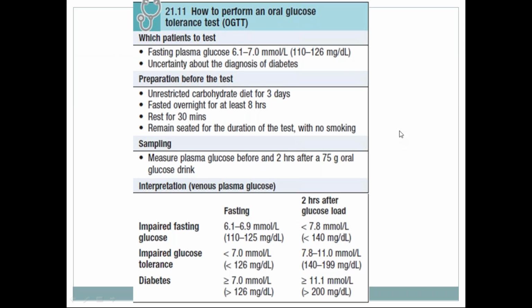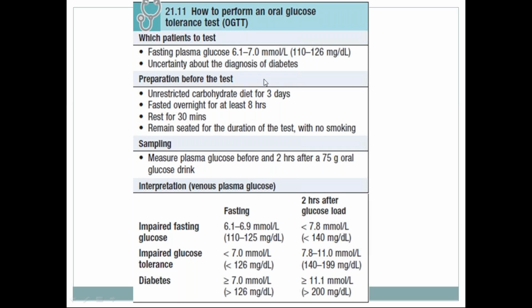So how to perform a glucose tolerance test? We have discussed it in the previous slide. Which patients to test: patients with uncertainty in the diagnosis of diabetes, whose fasting plasma glucose is around 110 to 126. In these patients, an oral glucose tolerance test is usually given.